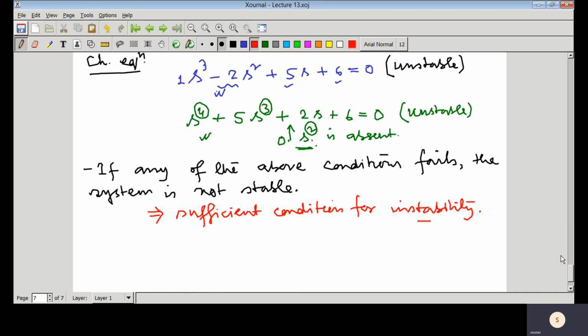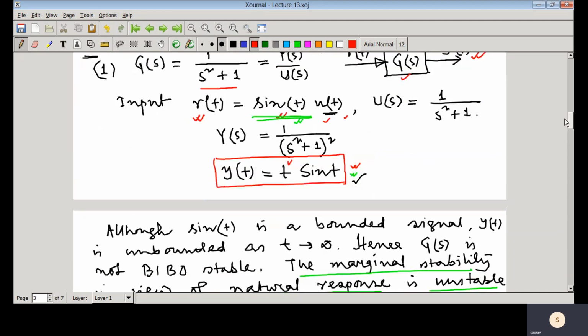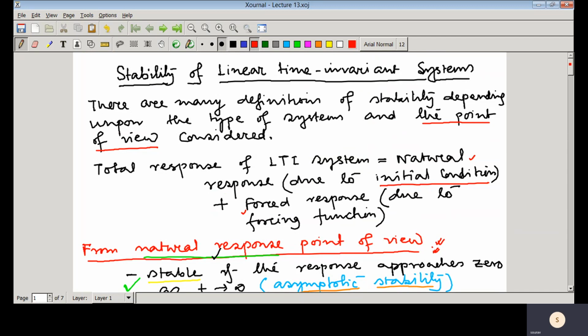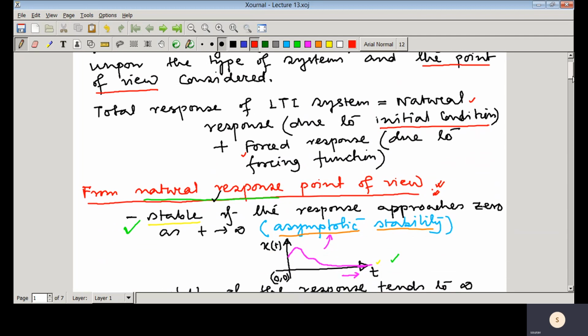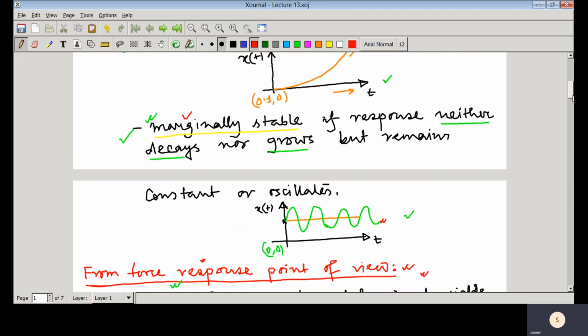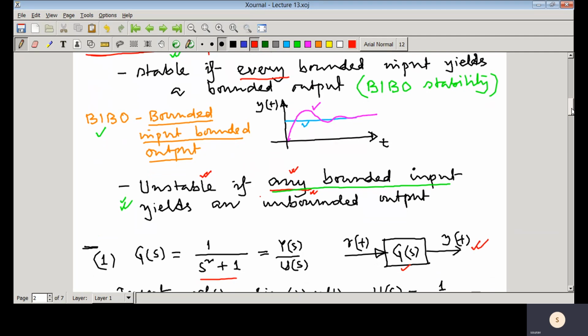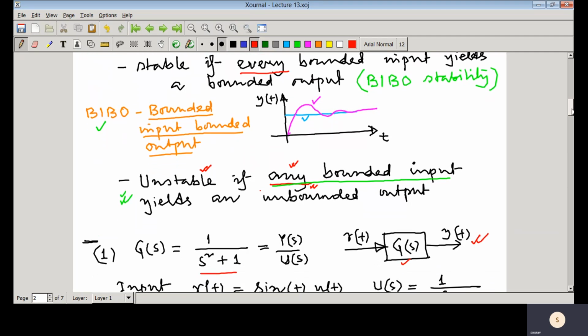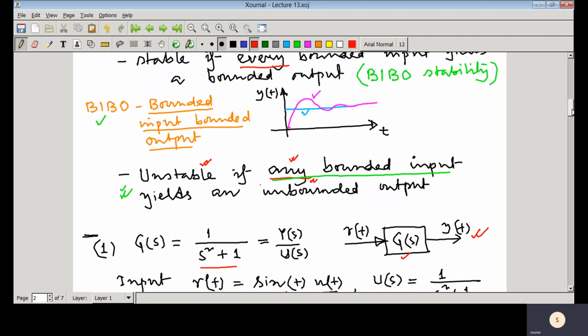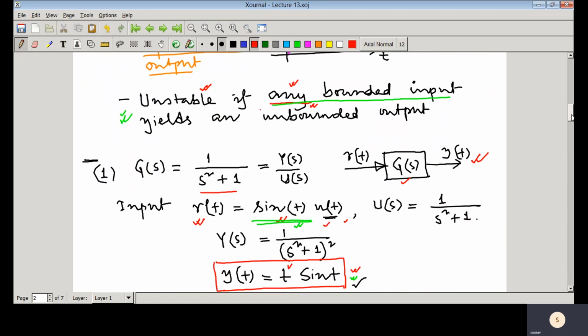So today we have started with the different notions of stability, and we found two perspectives: the natural response perspective and the forced response perspective. We found that asymptotic stability and BIBO stability are the same notion in the case of an LTI system.